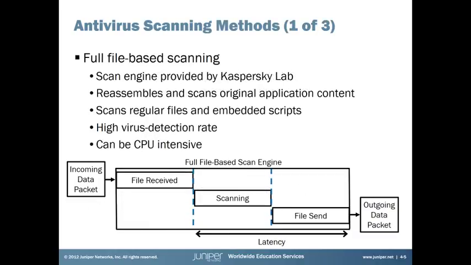So let's take a look at a few different methods here. There is full file-based scanning, which means the scan engine, in this case provided by Kaspersky Labs, reassembles and scans original application content. Just bear in mind that the way data is transmitted is we start off with an application. That application is then segmented down in the transport layer into TCP or UDP segments.